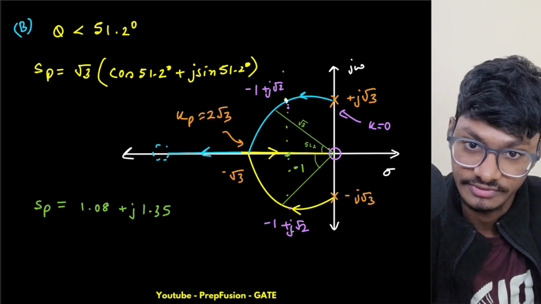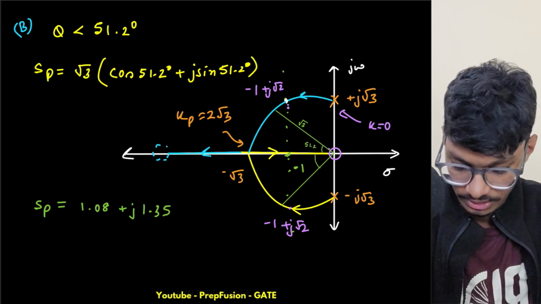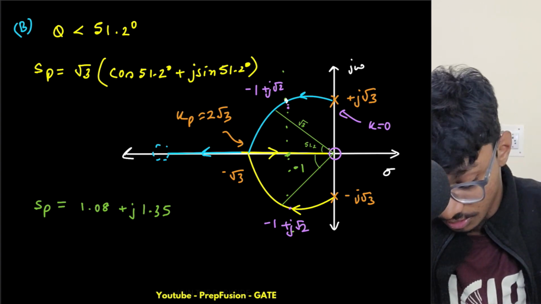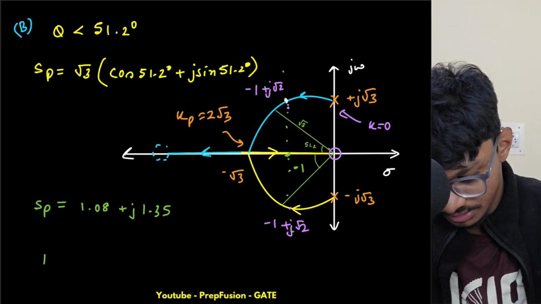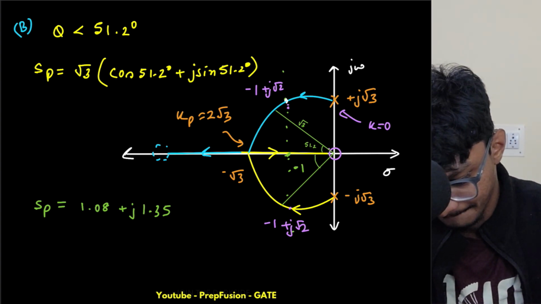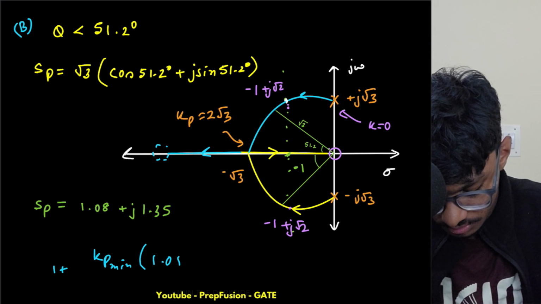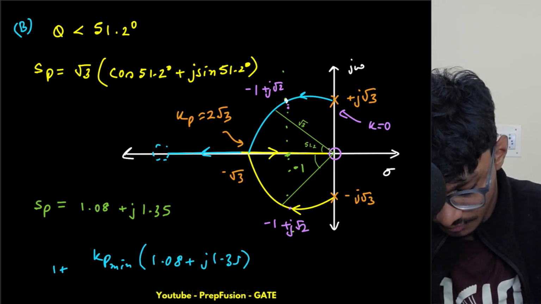Now you just put this value in that equation, and you will get your kp minimum. So again, 1 plus kp minimum, with s equal to 1.08 plus j 1.35.